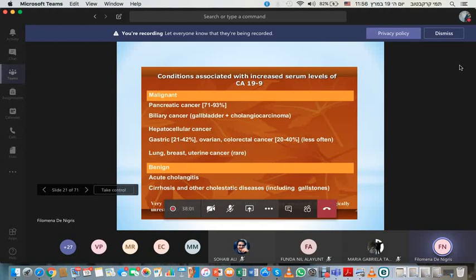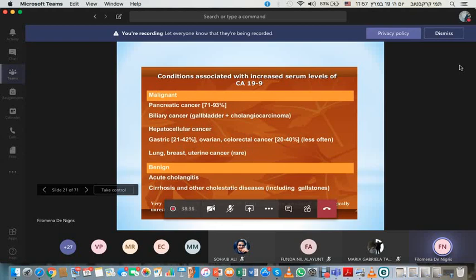So if we want to make a diagnosis, or if we want to follow the patient during follow-up or during treatment, we can monitor this marker in pancreatic cancer. But also remember, it is also present in benign conditions, and we cannot use it to diagnose. Yes.